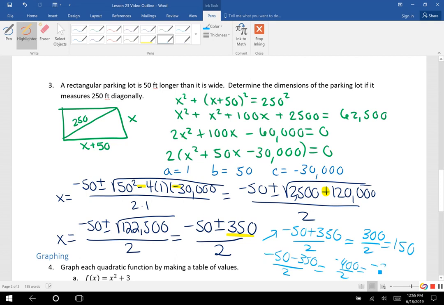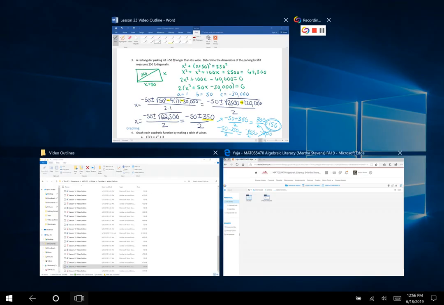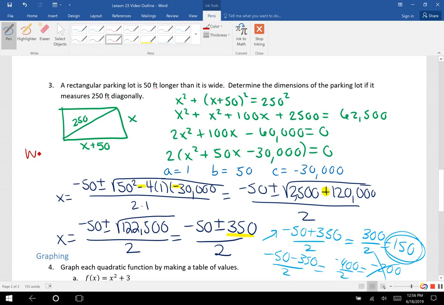A negative answer doesn't make sense. The only answer that makes sense is the 150. And so that would mean, let's see, the width is 150 feet. And the length would be 150 plus 50, or 200 feet.